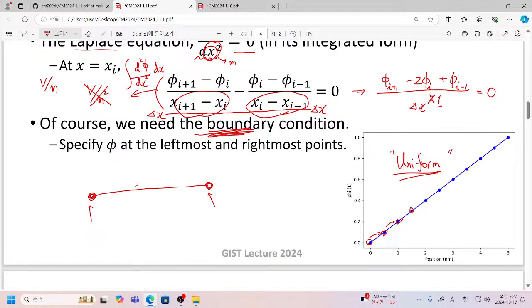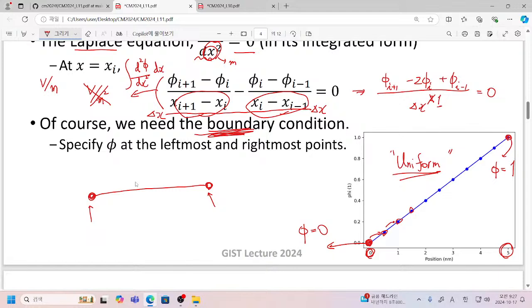For example, in this case, we have specified that phi is 0 at position 0, and phi equals 1 at another position, for example, 5 nanometer. Without specifying these 2 values, you cannot have the solution. So please be careful to solve this equation.